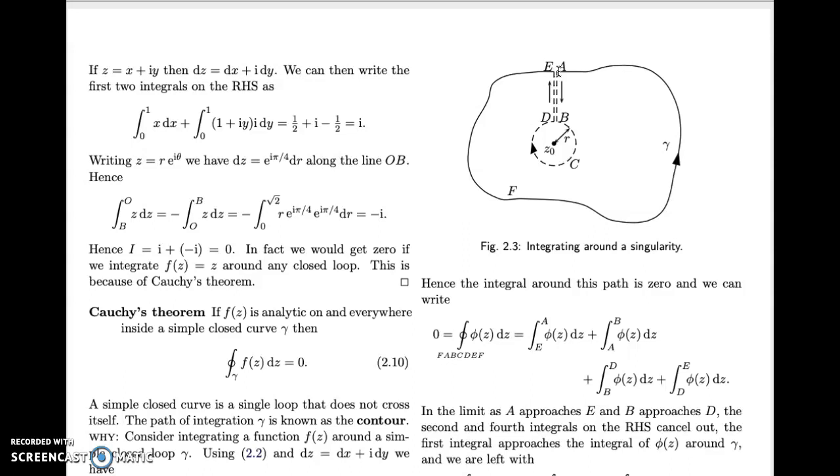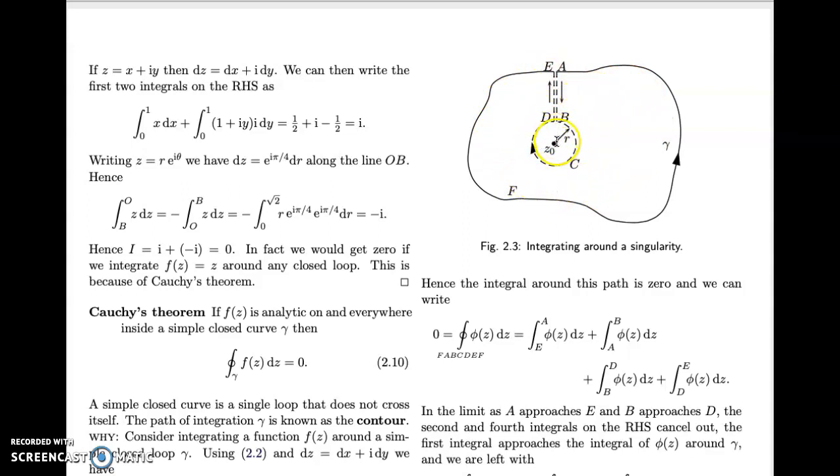To find it, we instead consider this path here, where we go from A to B, then round this circle to D, back to E, around here, and then back to A. In this case, the singularity is outside this curve, so this is a simple closed curve with no singularities inside it.